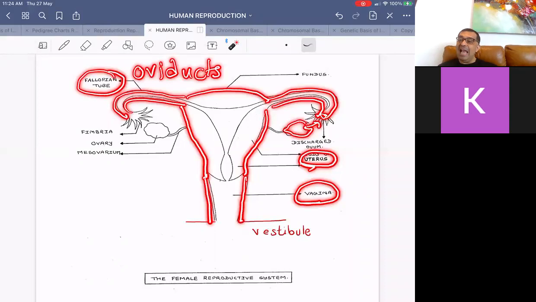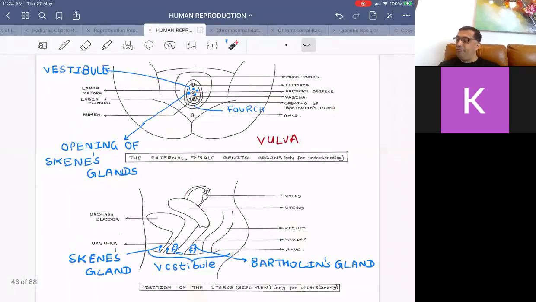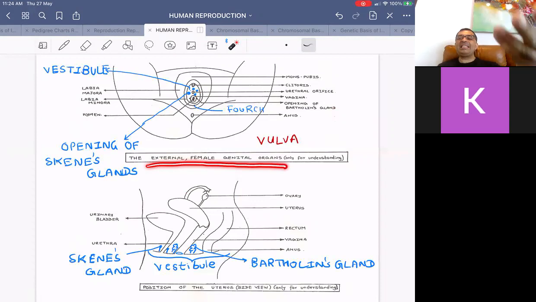And then we have the external view of the female genital organ. The lady is sleeping and you are seeing everything from outside.